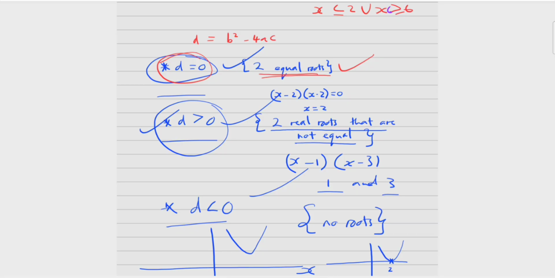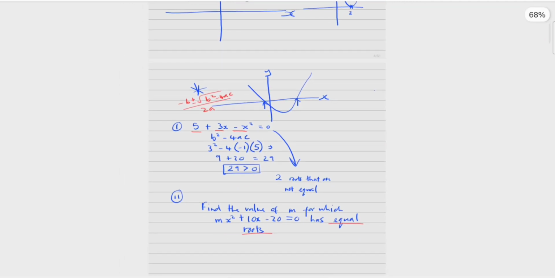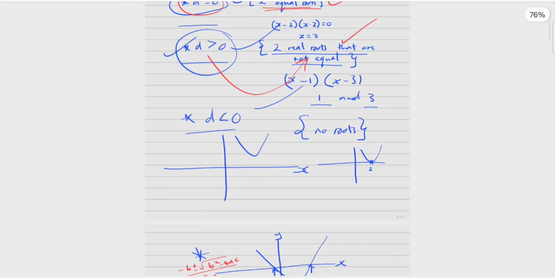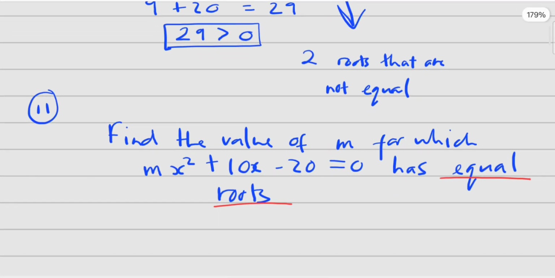So we might be asked to work these ones backwards, so they might give us equal roots, so we'll be using this, or we get the discriminant greater than maybe 0, for example, then we conclude by saying this, right? So for this particular question, they said it has equal roots. We know for equal roots the discriminant has to be equal to 0, right?